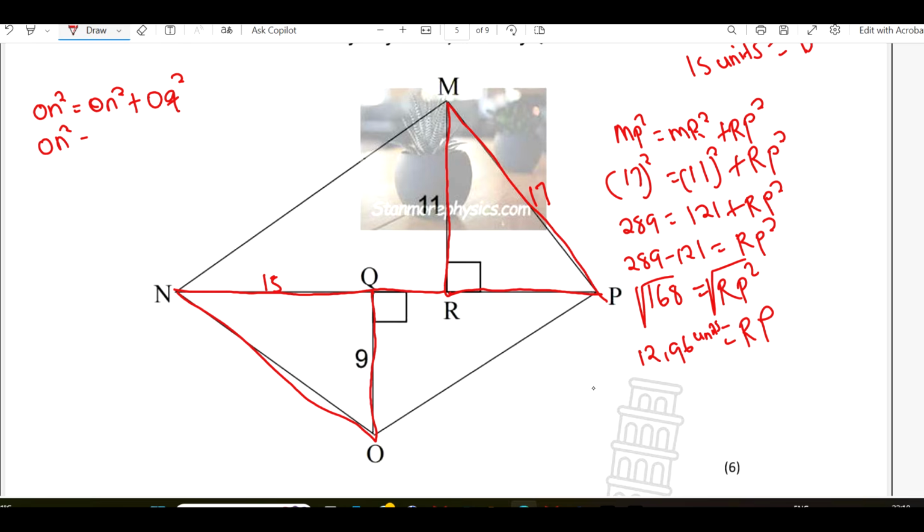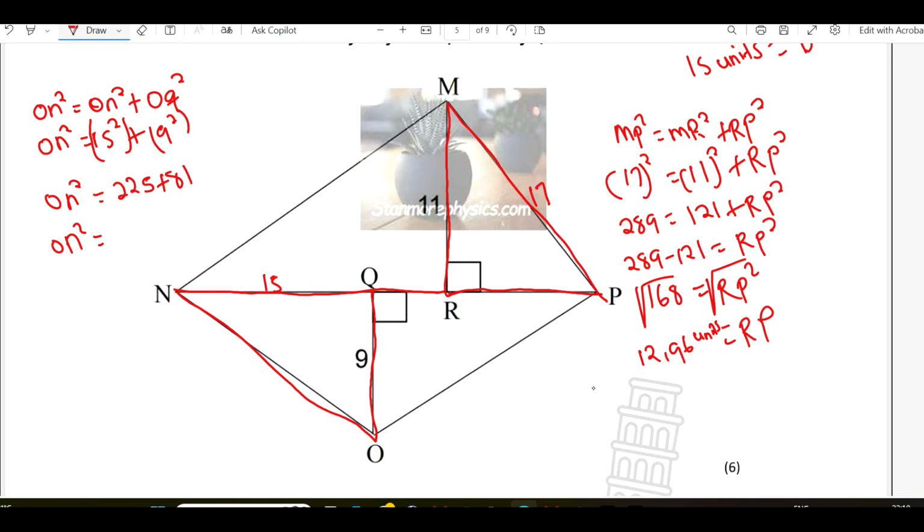So ON squared is going to be, QN is 15, so 15 squared plus OQ is 9 squared. So ON squared equals 15 squared is 225 plus 81.